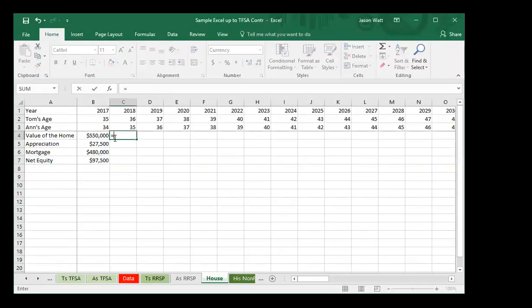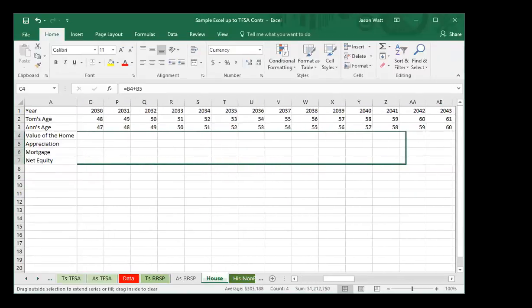And now we can just build. The value of the home is simply last year's value plus last year's appreciation. Our appreciation, we do want to plug that F4 in there so that that consistently applies. The mortgage and our net equity, so we can build those out all the way across and just grab those 4 cells and run those out.